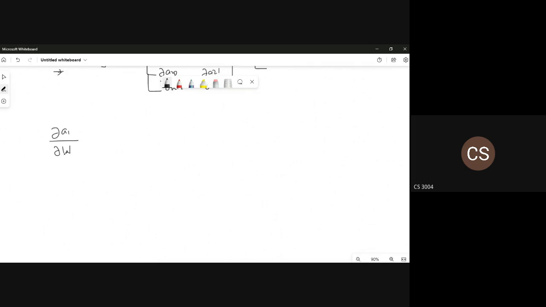So it's dou W. Again, I'm just getting rid of this index. I have a vector, and here I have a matrix. So I have A0, let's say A1 and A2, three vectors. And then what could be the dimension of the matrix? How many elements were there? Can someone recall?